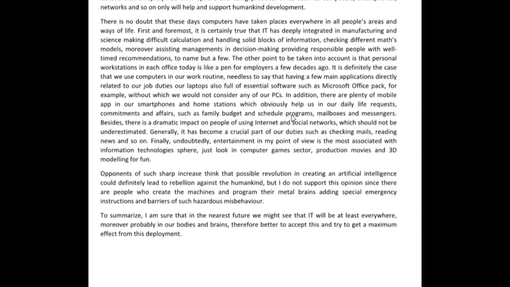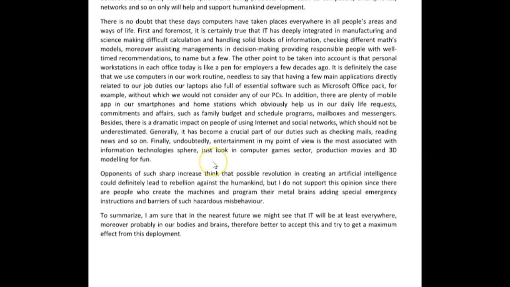Besides, there's a dramatic impact on people using the internet and social networks, which should not be underestimated. Generally, it has become a crucial part of our duties, such as checking mails, reading news, and so forth.